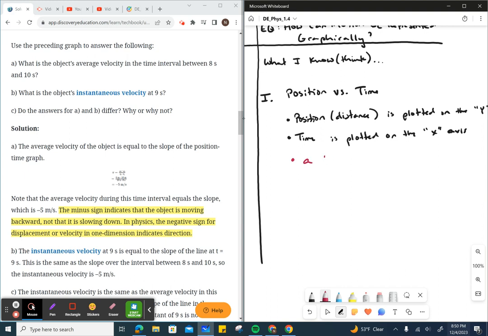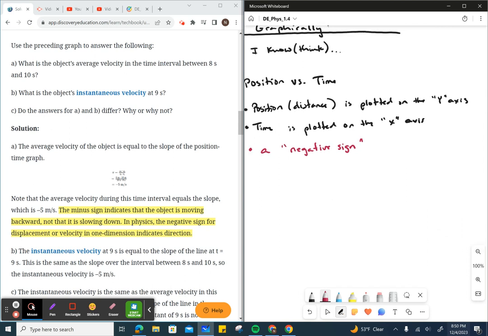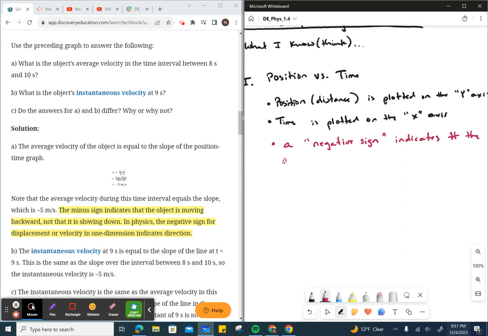A negative sign, right, indicates that the object is moving backwards.